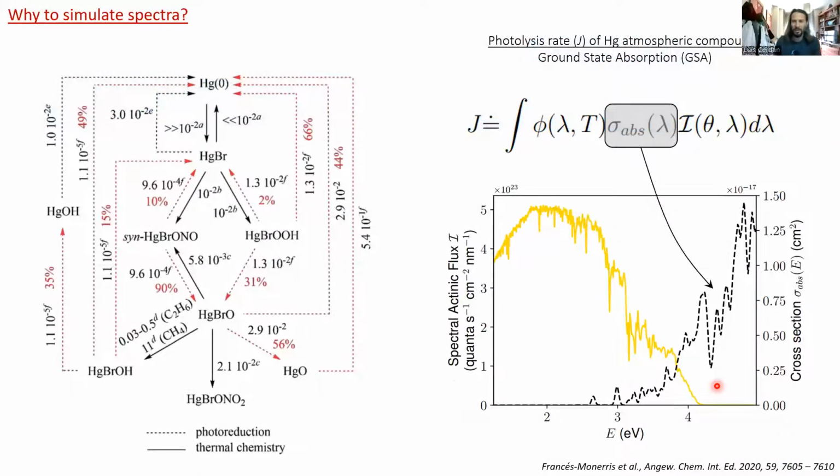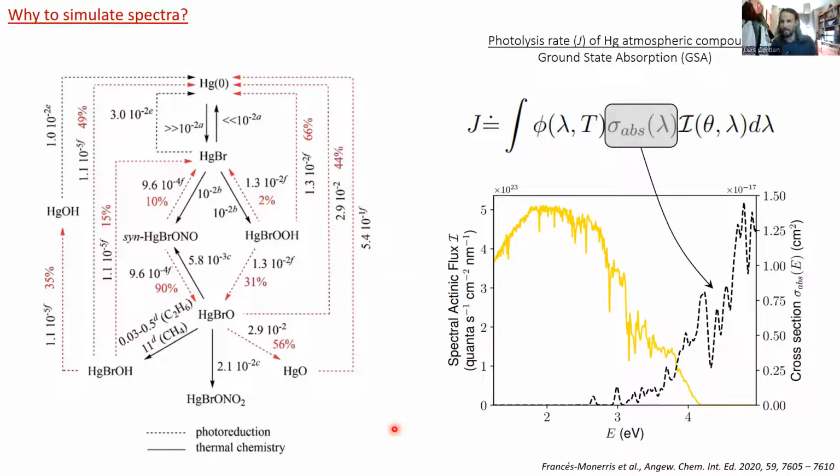There are many reasons, but in our particular group, we are focused on one particular project: understanding the photochemistry of chemical compounds of interest in atmospheric chemistry. Some of these compounds cannot be measured experimentally because they are too short-lived, and then you need to do calculations in order to compute their properties. For example, if you want to compute the photolysis rate, you need, among other things, the absorption spectrum. And so that's the reason why you need to compute with precision this kind of spectra.